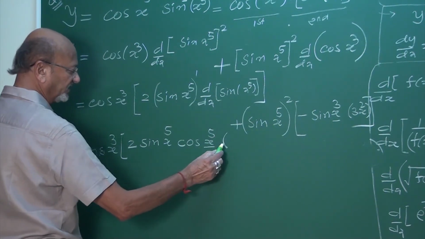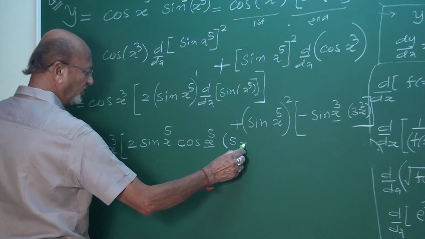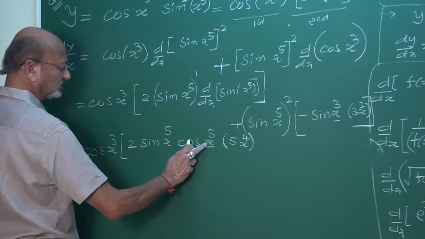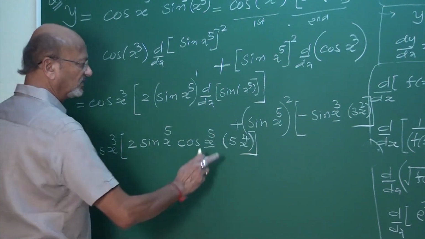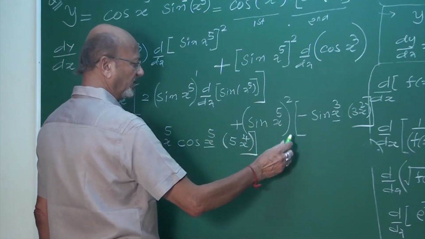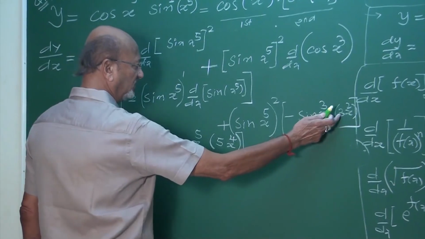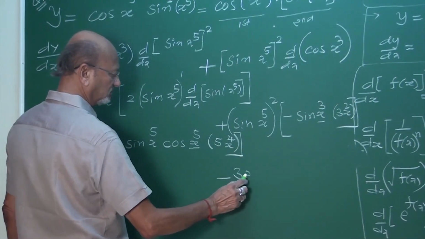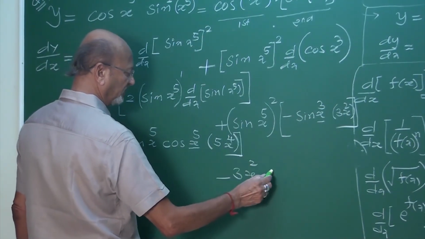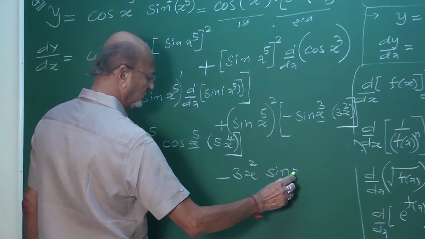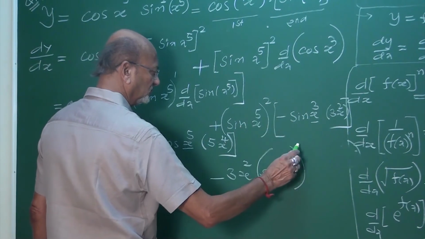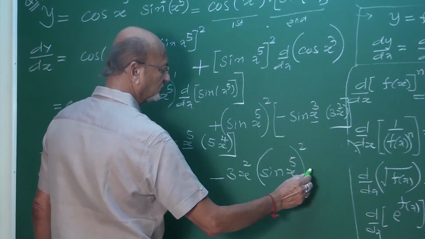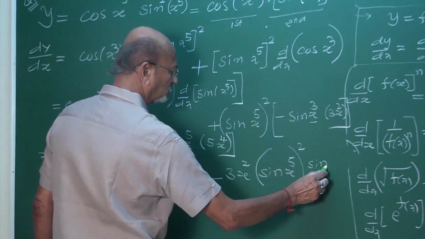No. No means write its derivative, 5x to the power 4. Derivative of this. This bracket completes. This, my friend, plus with minus 3x square sin x to the power 5 whole square, this into this, sin x cube.